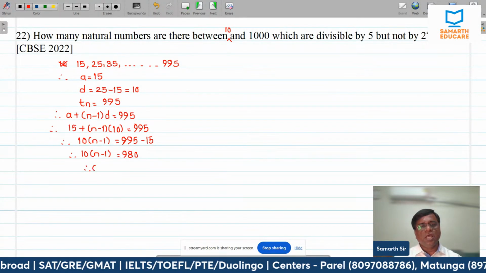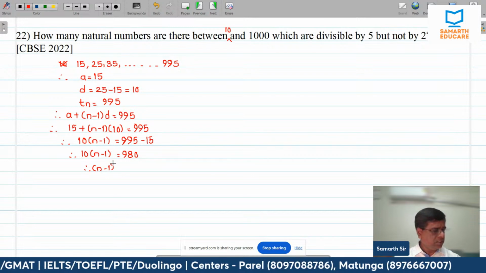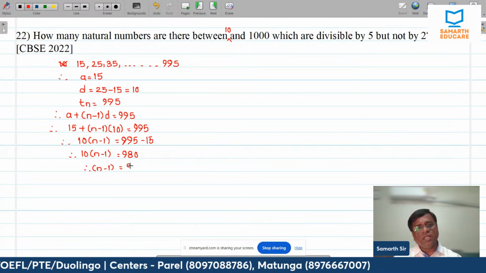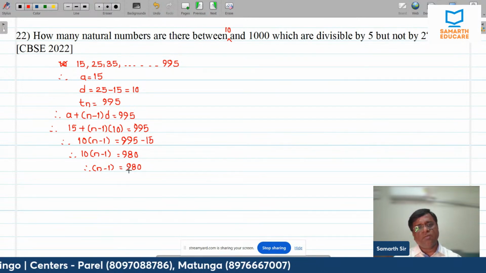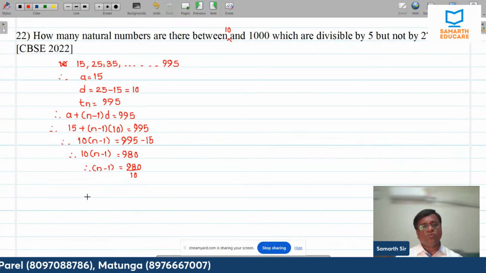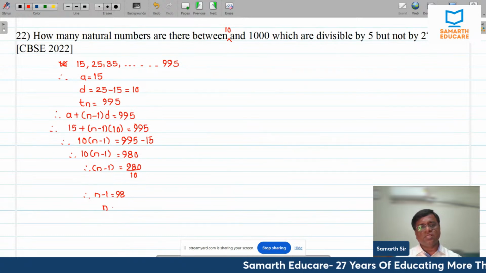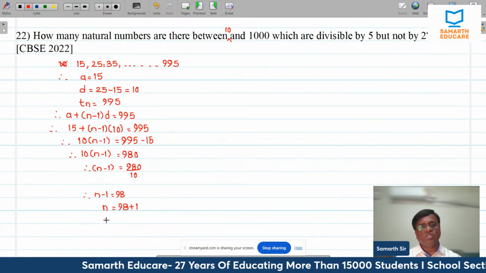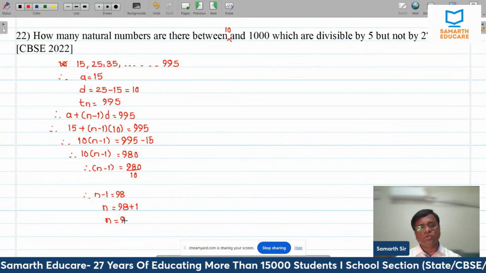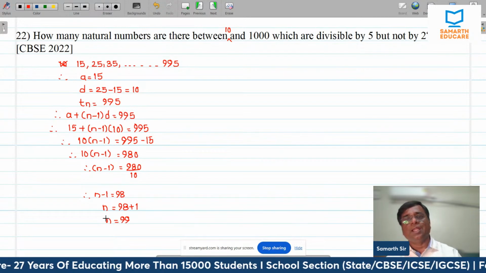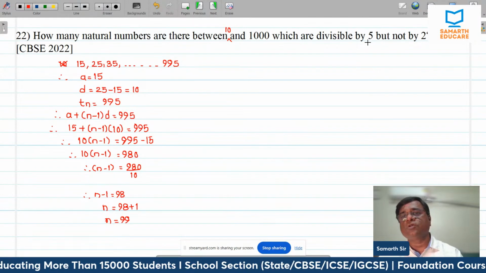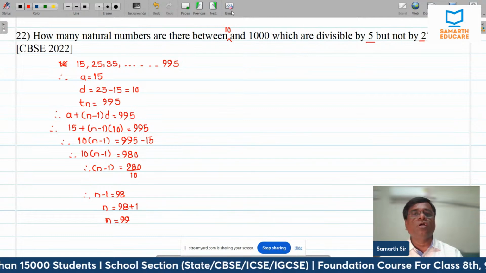That means n minus 1 is 980 divided by 10, so n minus 1 is equal to 98. The value of n is 98 plus 1, which is equal to 99. So how many terms will be there? There will be 99 terms between 10 and 1000 which are divisible by 5 but not 2.